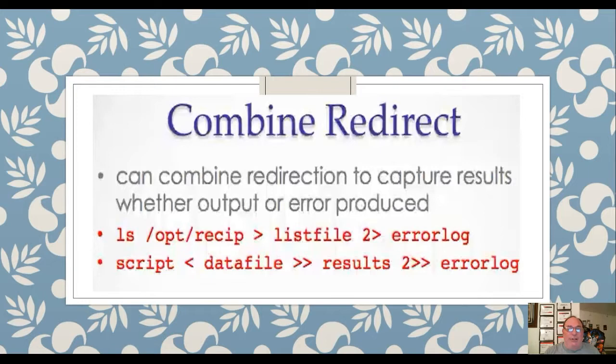And again, you could be using that in a script where you script the data file and you're appending the results, and if you use the 2, then that becomes your error log. So that's important uses in scripting. You could combine, you could pipe, you could do all kinds of different combinations. This is limited only by your imagination.